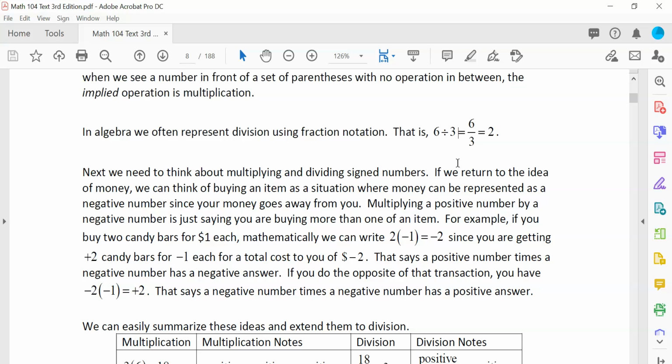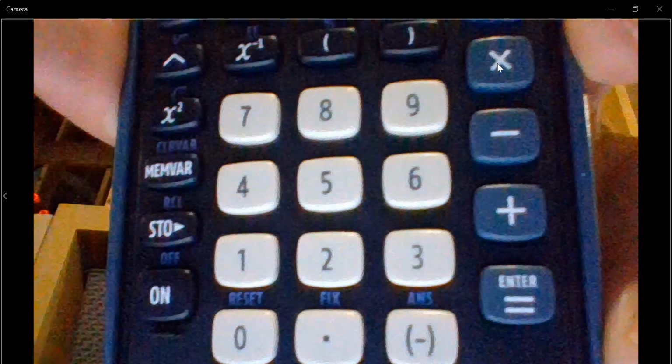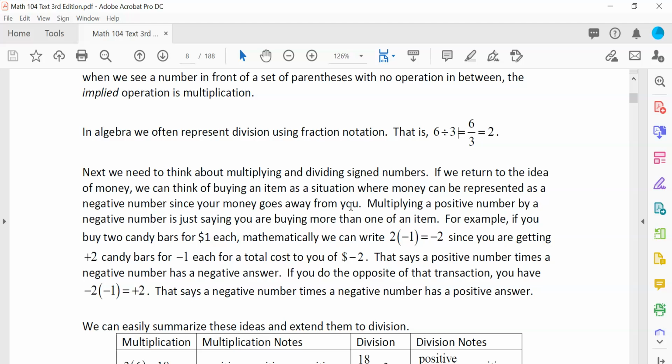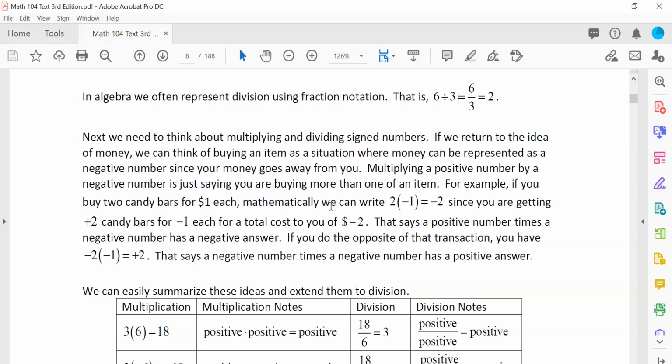In fact, if you type it in on your calculator, 6, and then hit the divide button, which looks like the line with a dot over it and under it, and 3, you're going to get a slash. That looks more like a fraction on your screen. So those are the different notations.